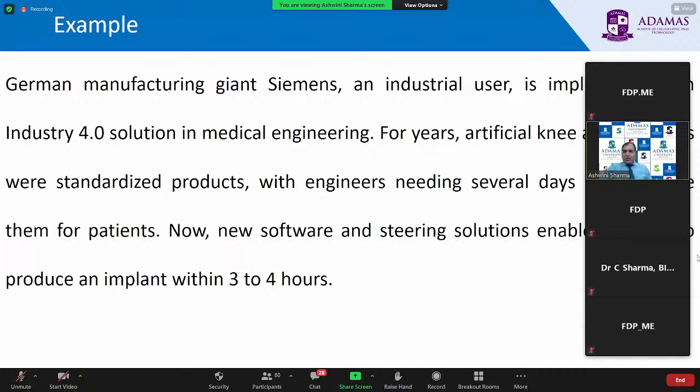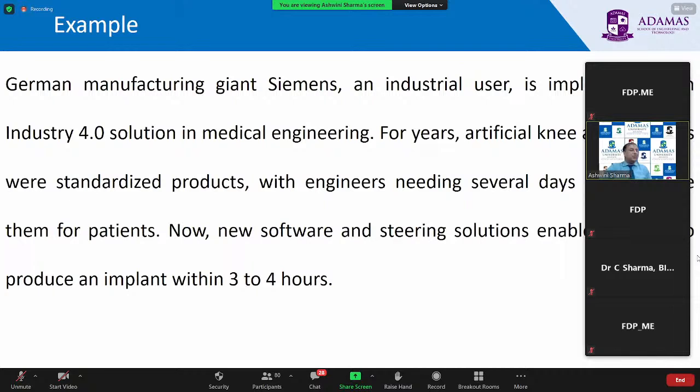What they have done: artificial knee and hip joints were standardized products, with engineers needing several days to customize them for the patient. Now new software and steering solutions enable Siemens to produce an implant within 3 to 4 hours.